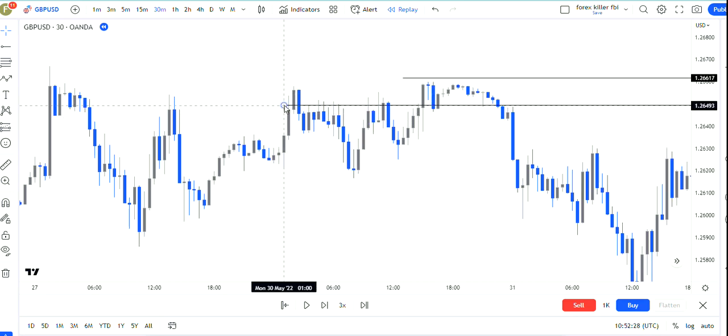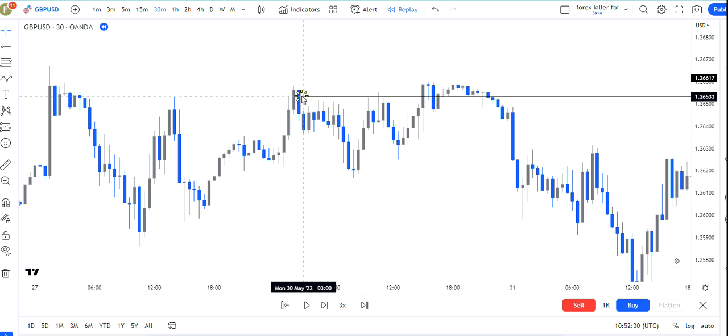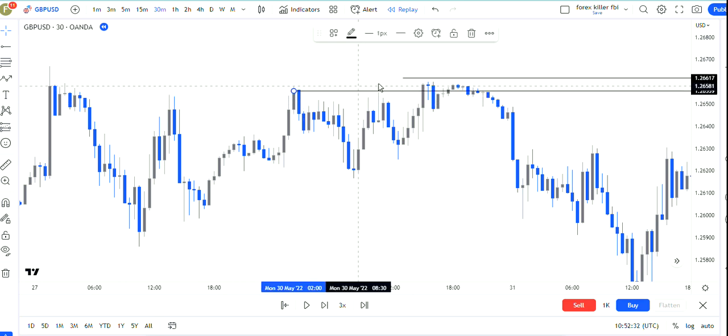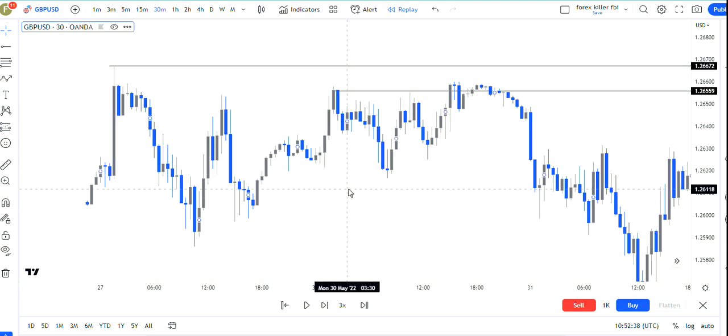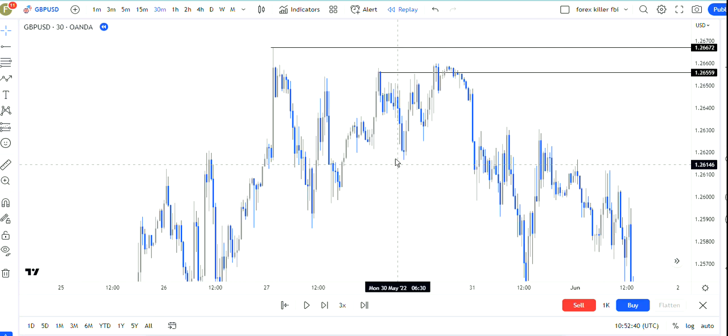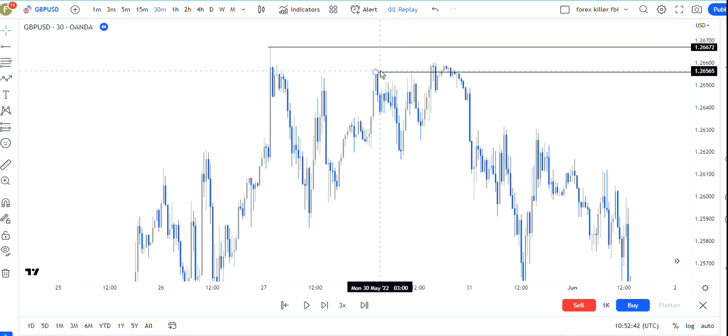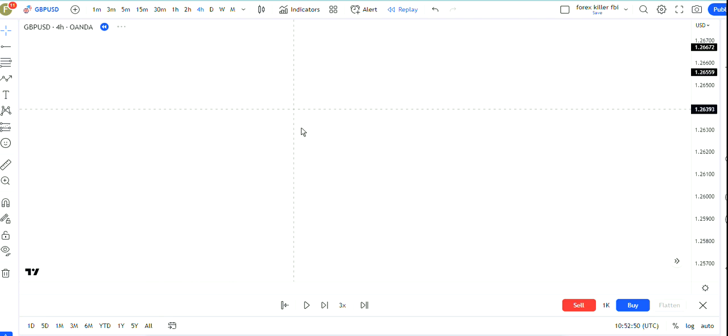Now our entry should be here, then our stop loss will be here, as we can see. This one is our entry, and this one will be our stop loss. Let us go to the 4-hour time frame.